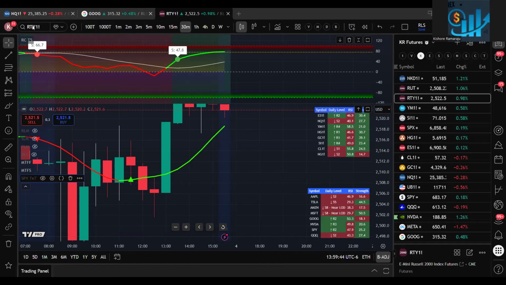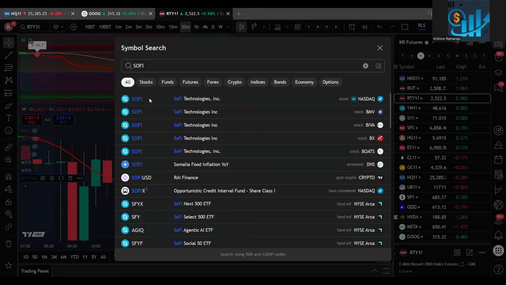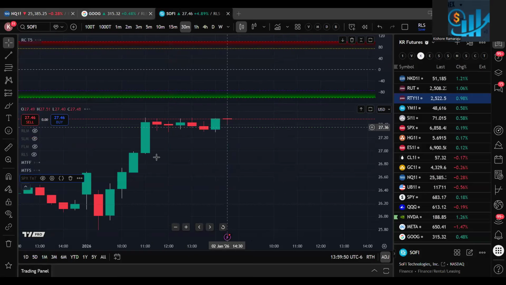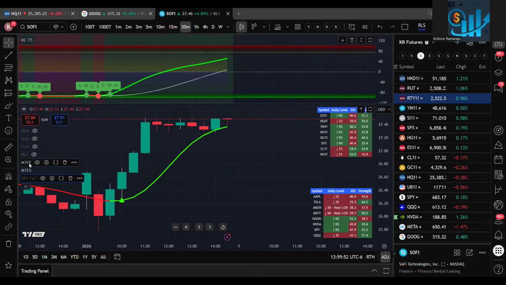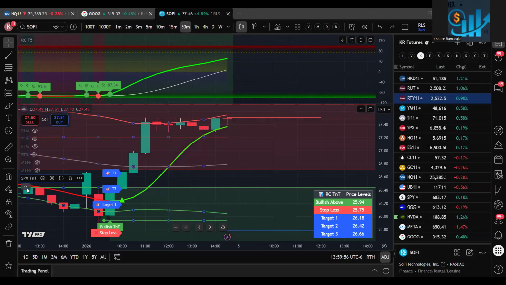So let us look at Sophie. If you see Sophie, this is the bullish target. Target 1, target 2, target 3 are done. It broke the midpoint, then it went all the way to the top. There is a high possibility for a reversal tomorrow.